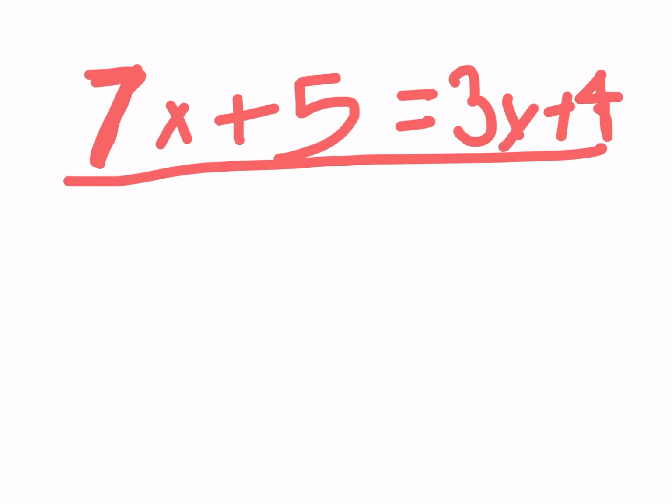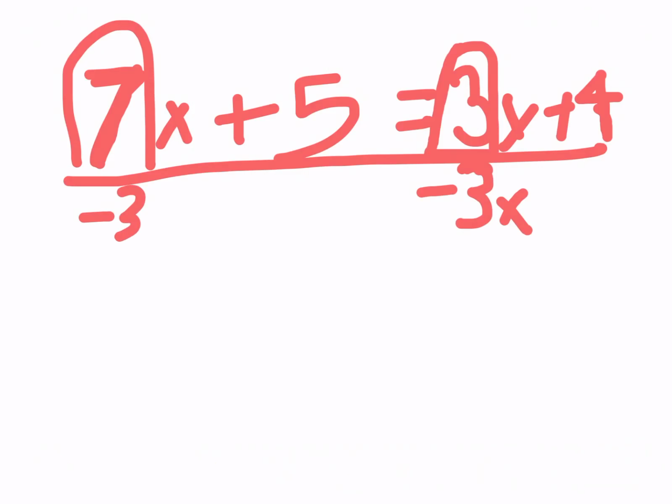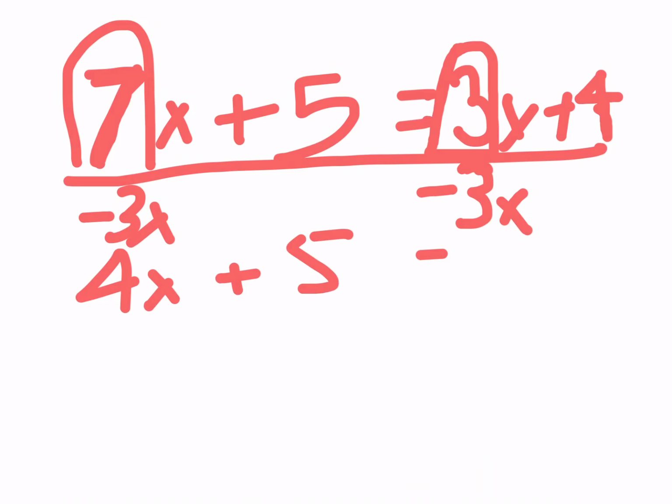Now, let's solve this. Now, we know that this coefficient is less than this one. So that's what we subtract on both sides. 4x plus 5 equals 4, because 3x minus 3x is nothing.